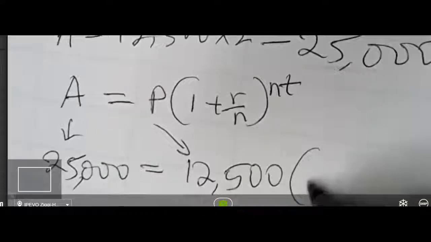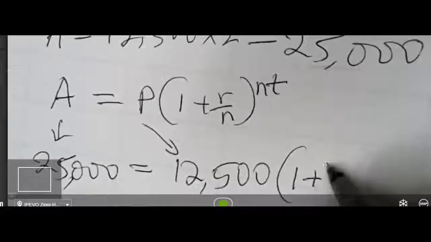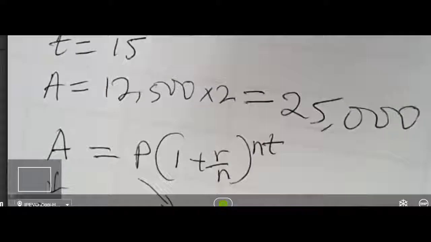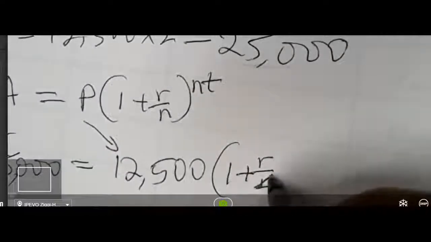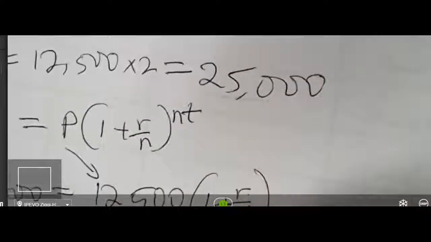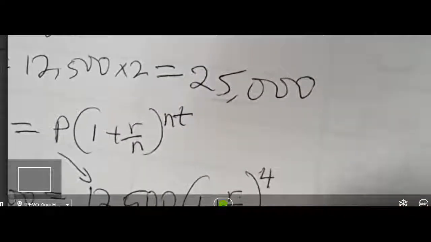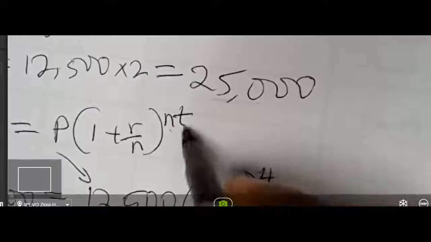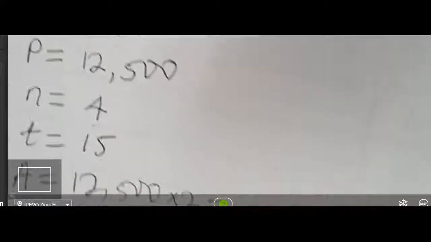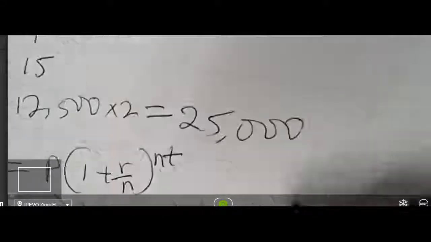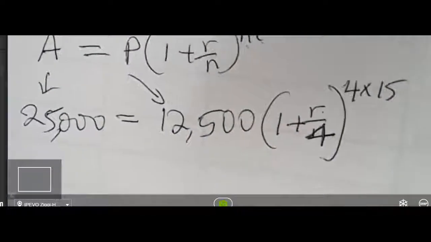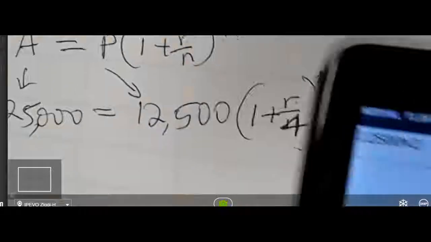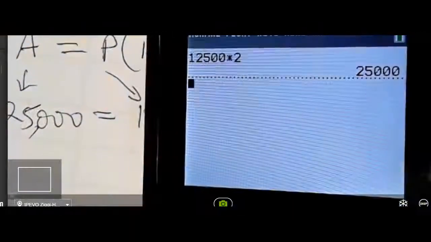Then 1 plus r over n. Our n is 4, so we put that in. r is what we don't have, so we leave it like that. And n is 4, and 4 times t, our t is 15. So here we have it all put in the formula. We'll go ahead and multiply that exponent 4 times 15.